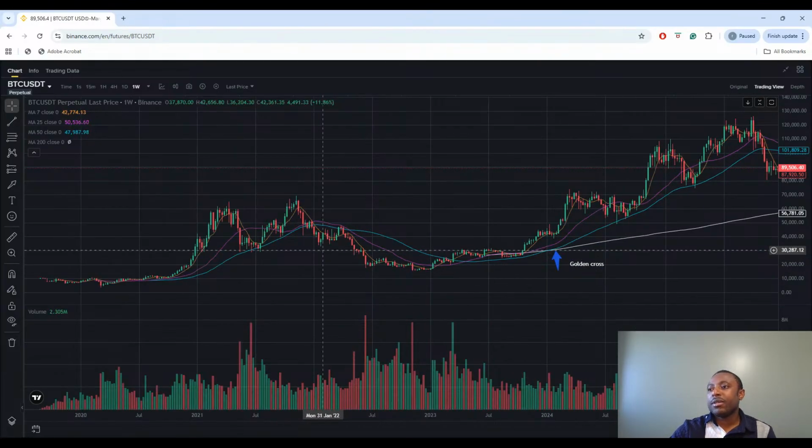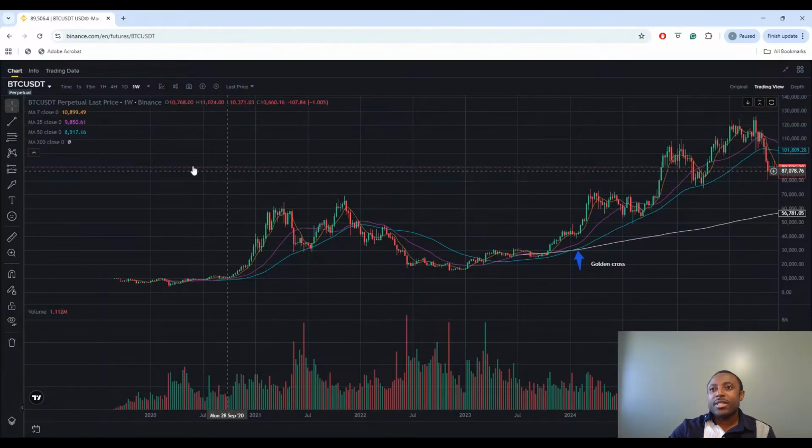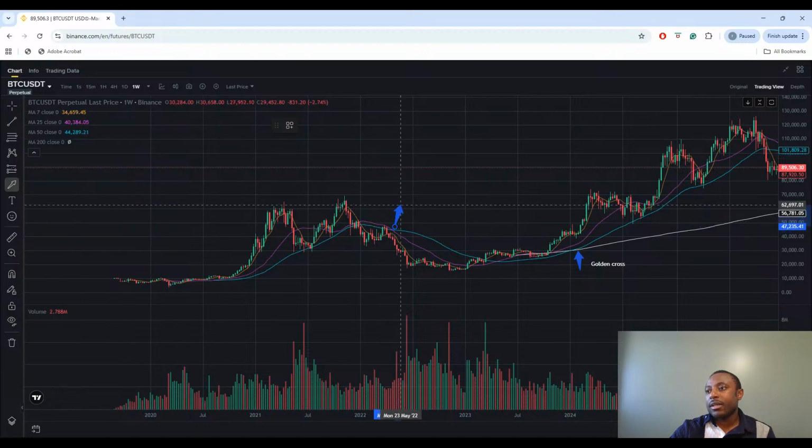Now the opposite of a golden cross is a dead cross. If it flips and crosses to the other side, then it means danger. That's not good. When you say a dead cross, it means you should run. Here, I'll just move that up. You can see here, it was telling you the direction of the market is changing, from a bullish market to a bearish market.